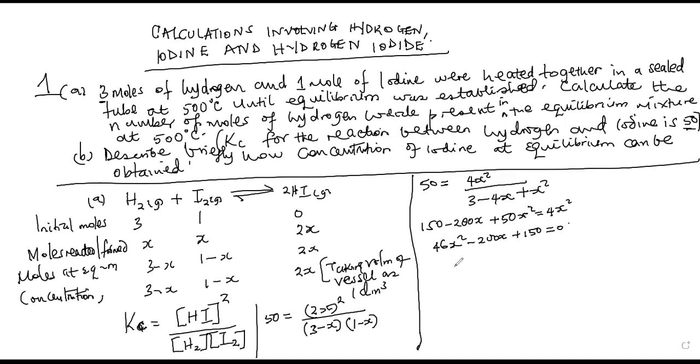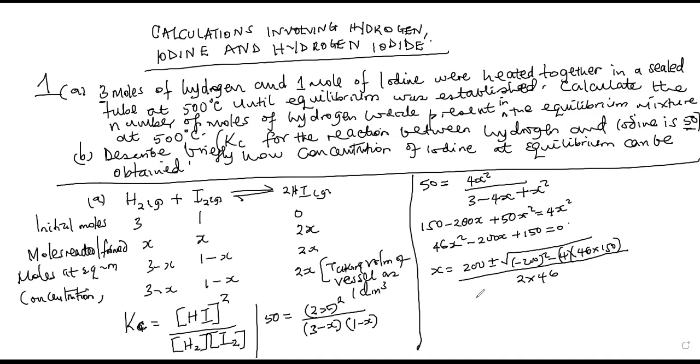So our x will be equal to, we substitute in the quadratic formula, so it will be minus b, which is 200, plus or minus the square root of b squared, negative 200 squared, minus 4 times a times c, so it is 4 times 46 times 150, over 2a, which will be 2 times 46.